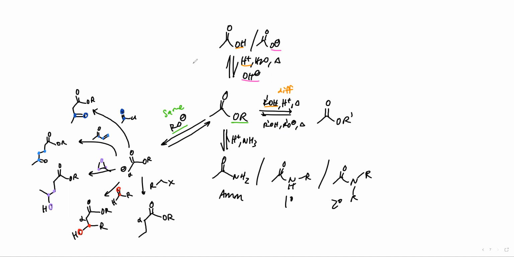Those are the reactions that we want to know. We can also do reductions on the ester. Again, lithium aluminum hydride is going to destroy everything, so this will turn this into a primary alcohol. Just keep in mind that NaBH4 will not work here. NaBH4 will be NR.